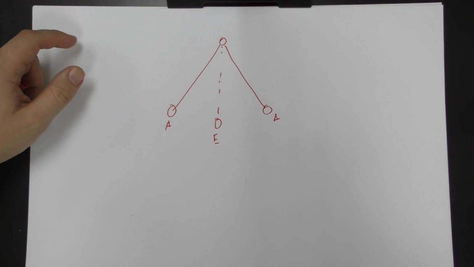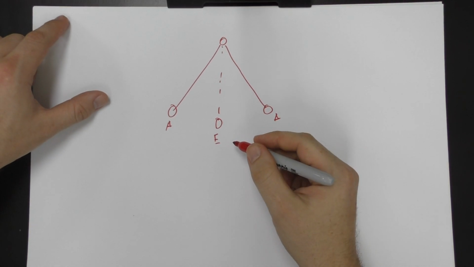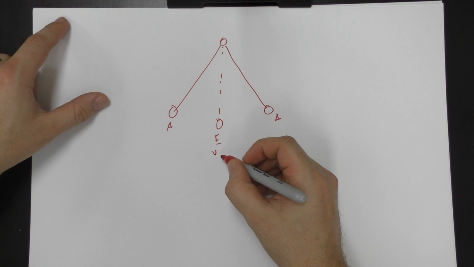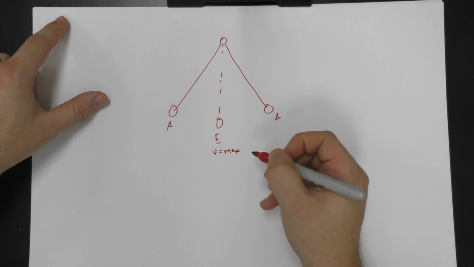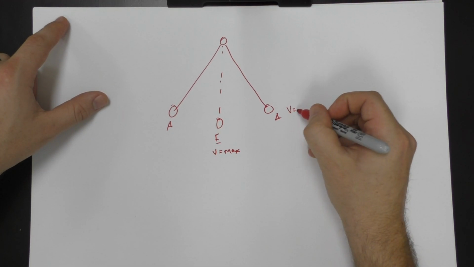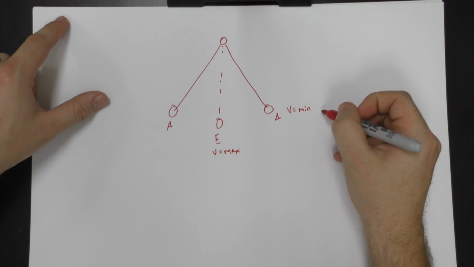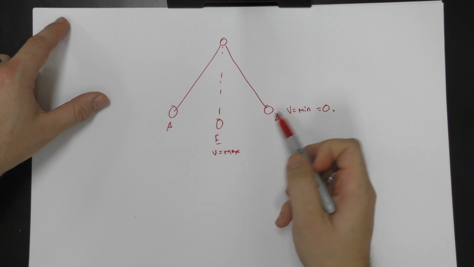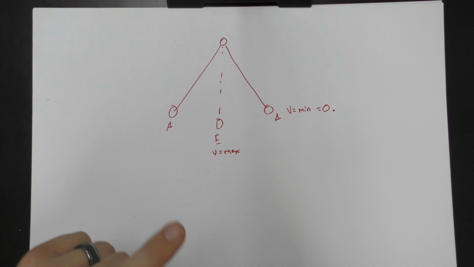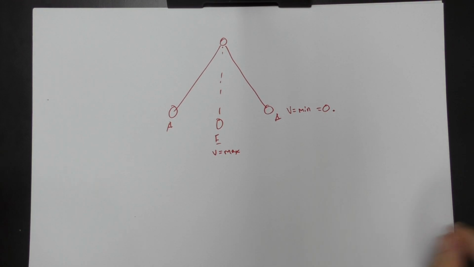And as we said in the previous video about velocities, we know that the velocity here is equal to the maximum possible velocity. And here we've got a minimum velocity, i.e. it's going to be equal to 0 for an instantaneous second.